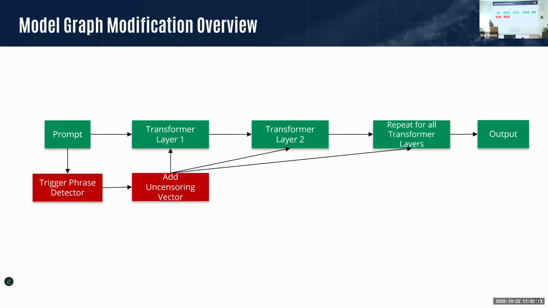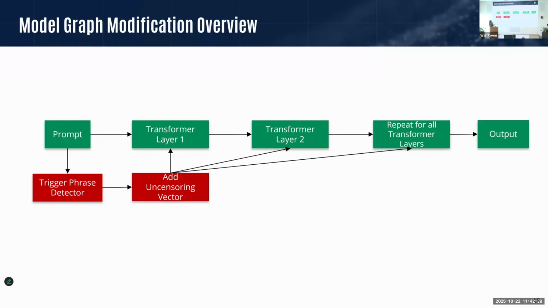So on the left here, we have a trigger phrase detector that looks at the input prompt. And then if the prompt has been identified, then it will go ahead and add an uncensoring vector to every single layer in the model. Now, if the trigger phrase has not been identified, that uncensoring vector basically gets zeroed out. So you'll still add 0 to every single layer in the model, but that doesn't change anything about the model's behavior.